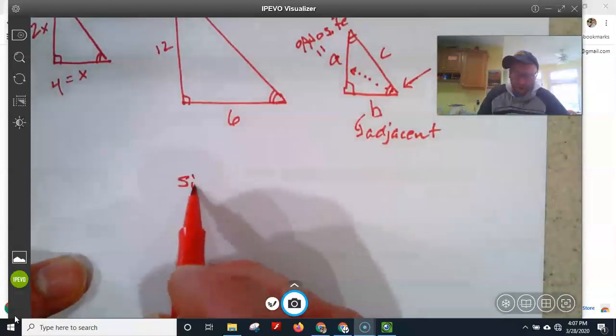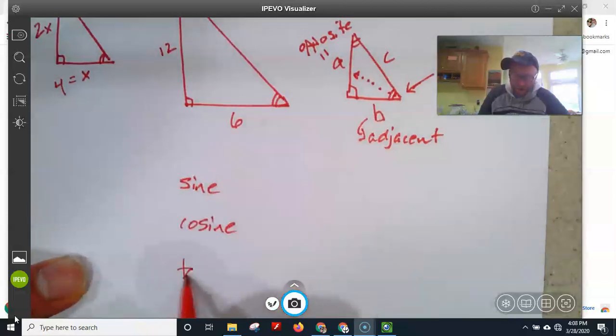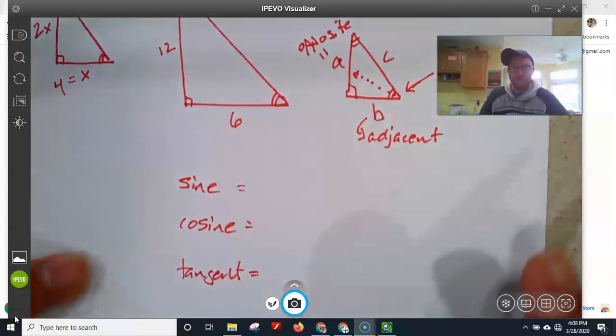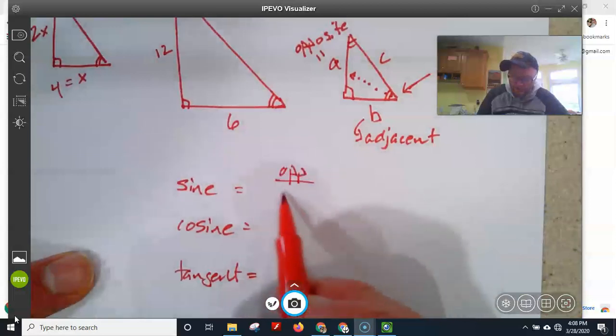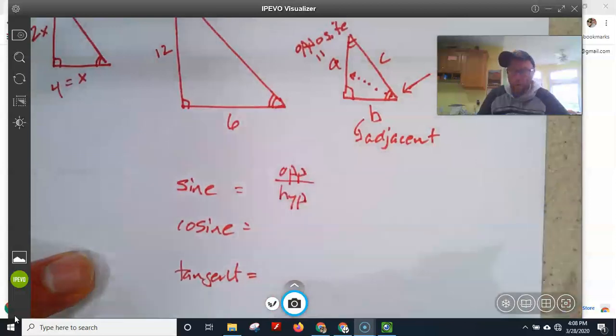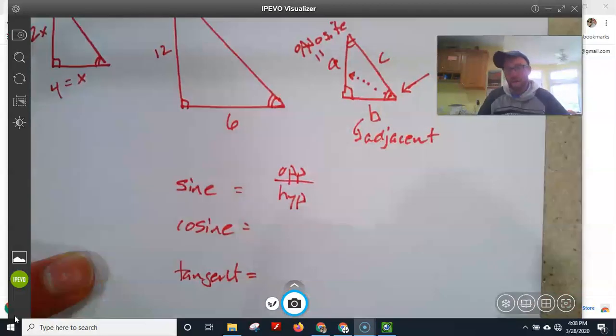And they are sine, cosine, and tangent. And sine is opposite over hypotenuse. So it's the relationship between the side opposite the angle and the hypotenuse.